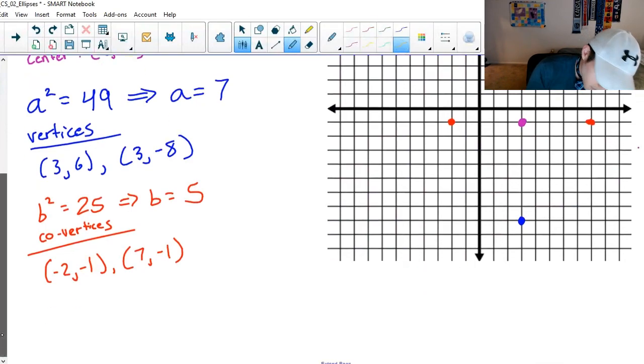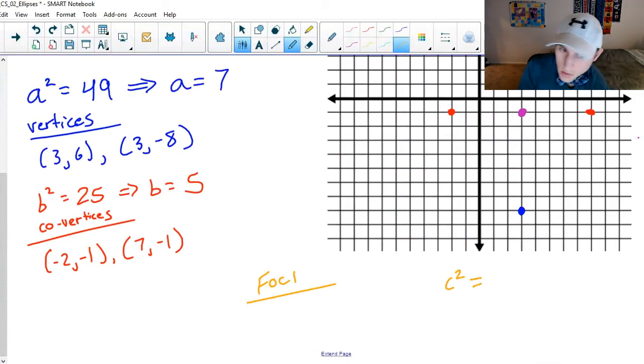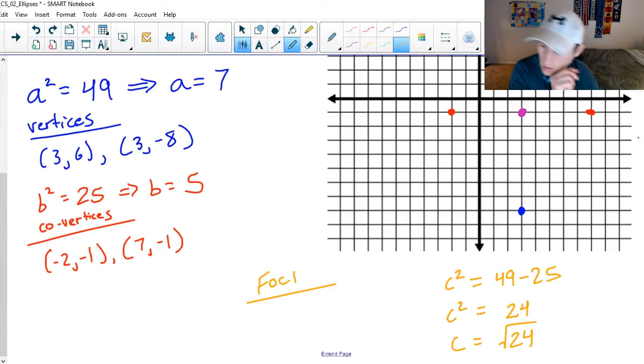Let's go ahead and we could kind of draw the ellipse right now, but let's go ahead and do the foci. So we need that c squared equals a squared minus b squared. So c squared equals 49 minus 25. So c squared equals 24. c equals square root of 24.